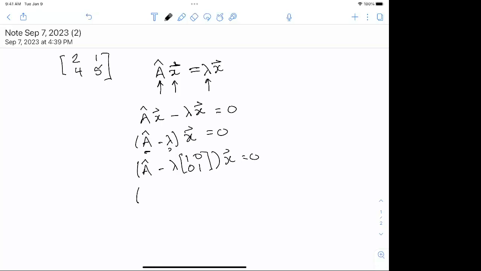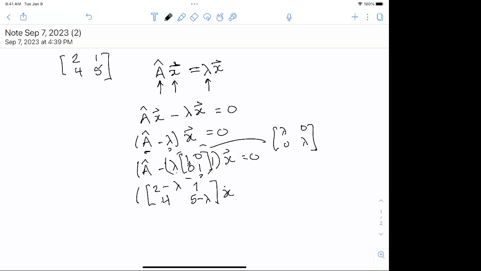And now, of course, I can rewrite this as 2 minus lambda. So my 2 minus lambda times 1, 1 because it's 1 minus 0 times lambda, 4 because it's 4 minus 0 times lambda, and then 5 minus lambda because I've got a 1 in this position and in this position. So really, this guy right here really looks like lambda 0, 0, lambda.